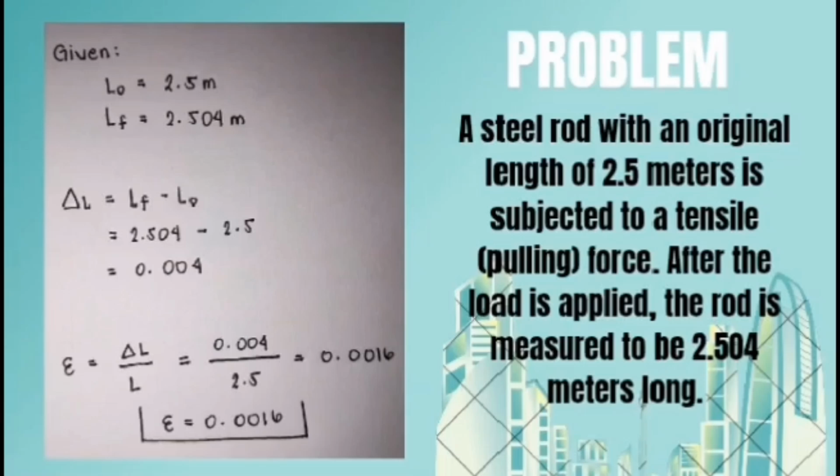Strain equals change of length over the original length. So it's 0.004 meter over 2.5 meters, which equals 0.0016. So the strain is 0.0016, or 1.6 times 10 raised to negative 3. So that is our strain for that problem.